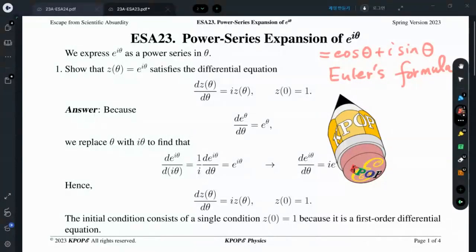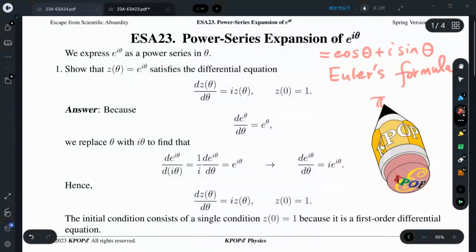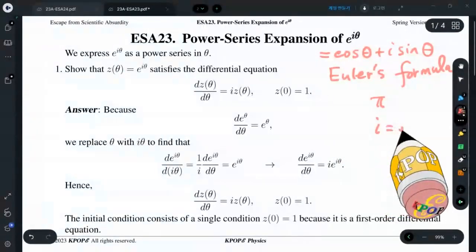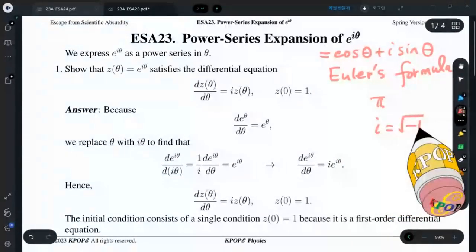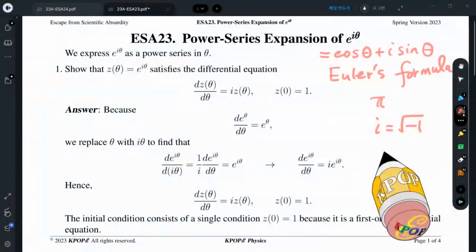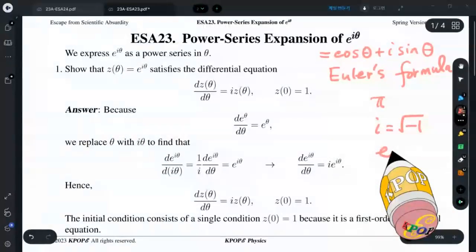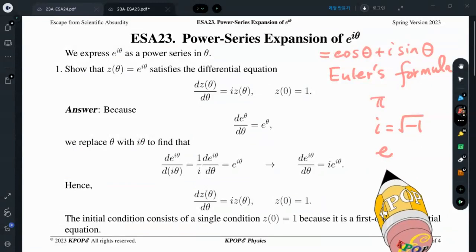He introduced the notation pi, and this i is the square root of -1. These are due to Euler, and he also used e for Euler's number, although it was first introduced by Bernoulli.